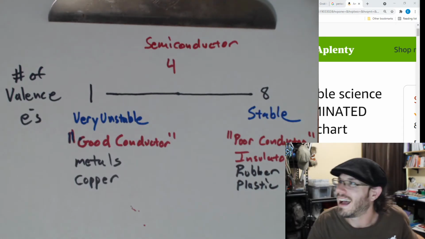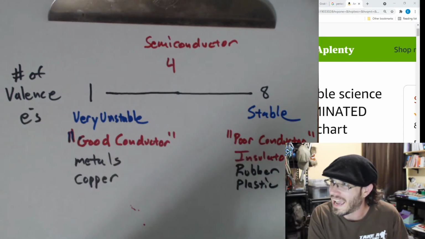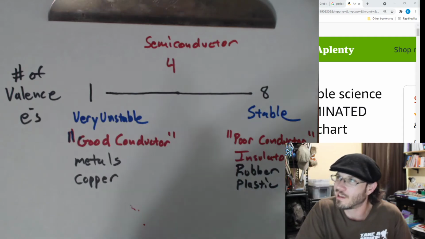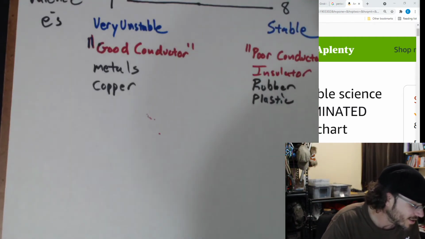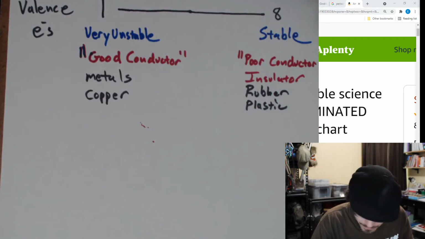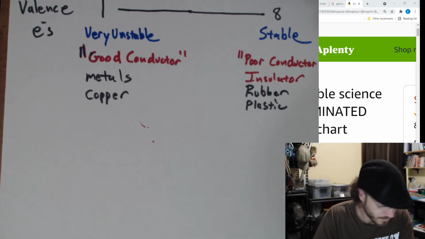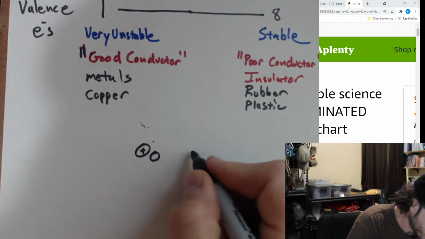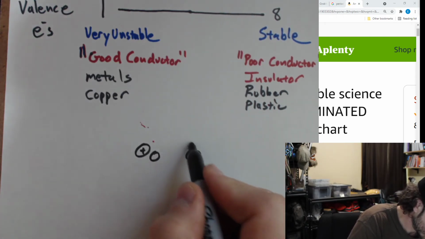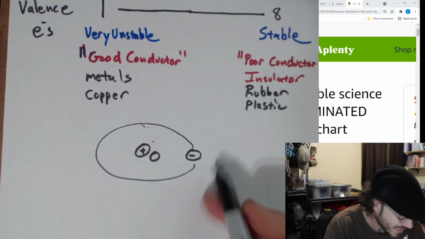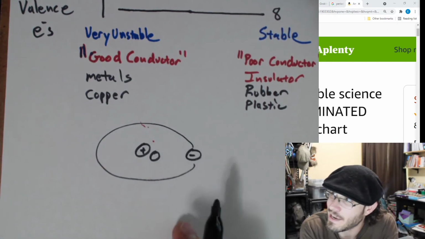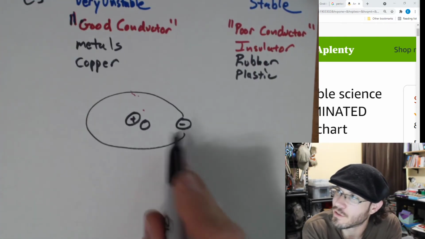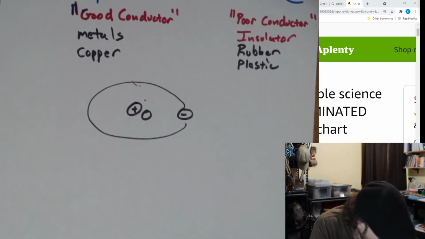All right, I can also do the action of taking away this electron or giving it a valence electron. So let's do that. I can take this hydrogen and give it an extra valence electron.